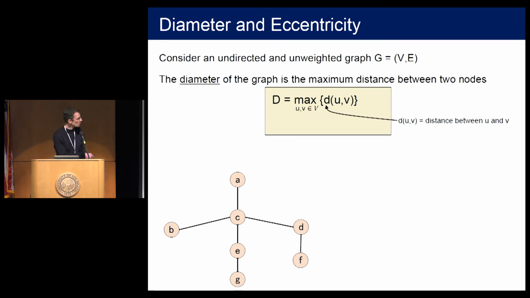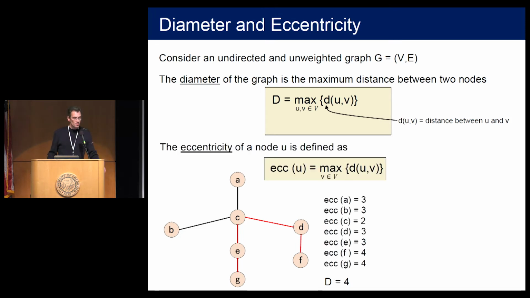So for this graph, for example, the diameter is 4 because the most remote two nodes are node G and node F, and their distance is 4 hops. So another fundamental quantity is the eccentricity. The eccentricity of a node U is defined as the maximum distance between U and another vertex of the graph.